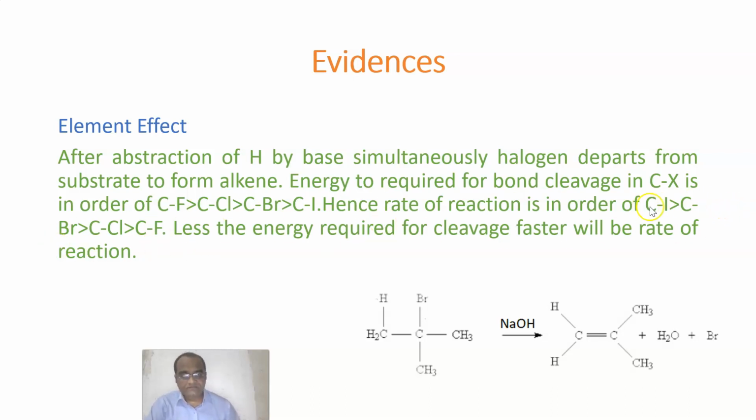This is the order: iodine, bromine, chlorine, fluorine. When there is iodine, the rate of reaction increases. When there is fluorine, the rate of reaction will be very slow, because bond cleavage between the halogen and carbon is very slow for fluorine, but quite fast for iodine.